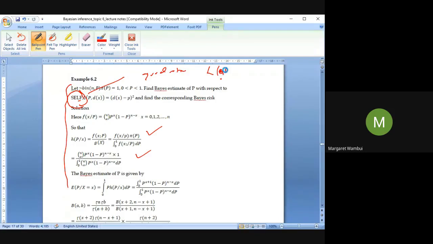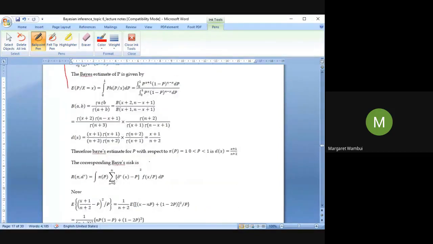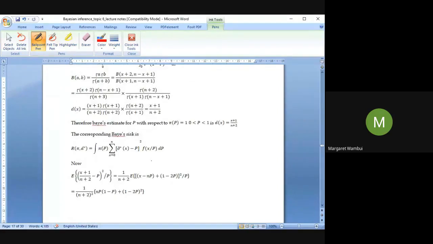So it's the same thing, the quadratic loss function, which we defined as L of A and theta, was defined as A minus theta squared. I think I've worked out the same question, but you will just go through it so that you see how we are defining it.